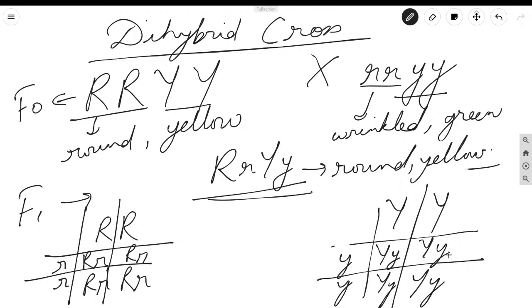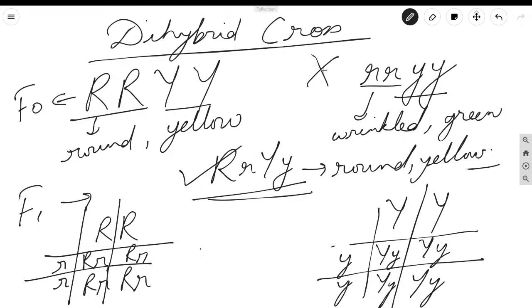Combining the two monohybrid crosses, I get capital Y, small r, small y. Either way, you will still get this only. So this is a cross verification proof.